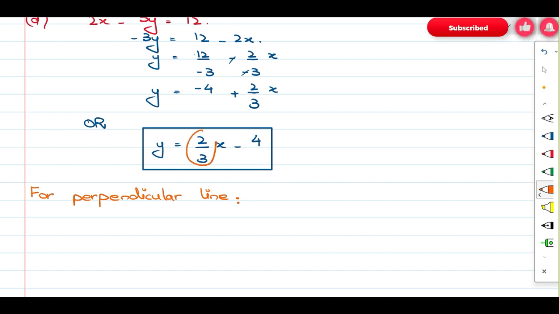In this case the gradient is 2 by 3. So for the perpendicular line the gradient is the negative reciprocal of 2 by 3, which equals negative 3 by 2. The gradient is 2 by 3 for this line, and when we take the negative we have minus, and the reciprocal of 2 by 3 is 3 by 2.